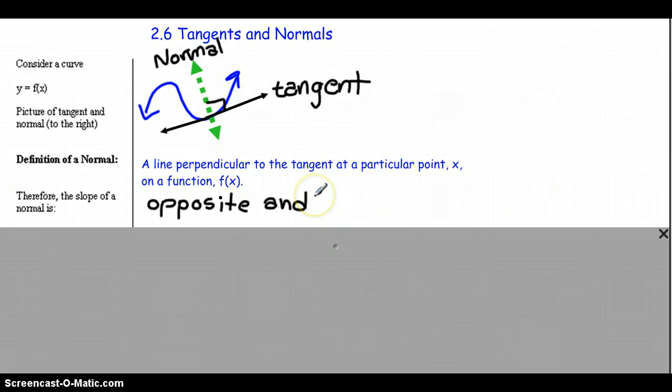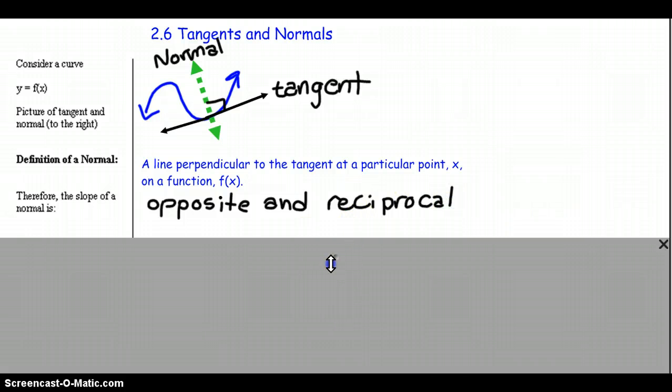So if one line was positive slope, the other is negative slope. If one was up 2 over 5, now your perpendicular line is up 5 over 2. So opposite and reciprocal.